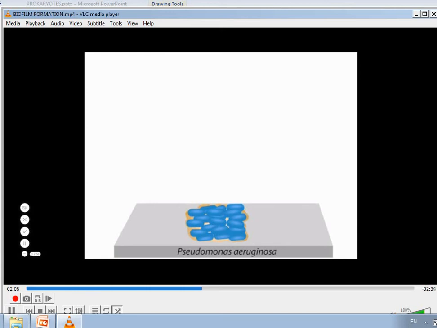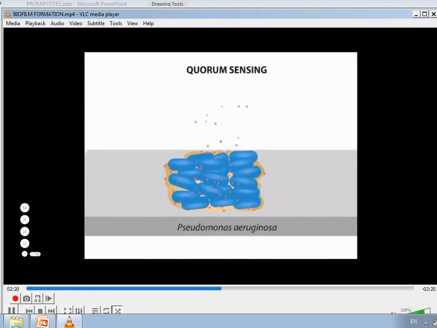As more and more cells bind to the surface and divide, they form microcolonies and can begin to communicate with each other by sending and receiving chemical signals in a process called quorum sensing. These chemical signal molecules are continually made and secreted by individual cells. Once the population reaches a certain number, analogous to an organizational quorum, the chemical signal reaches a specific concentration that the cells can sense.